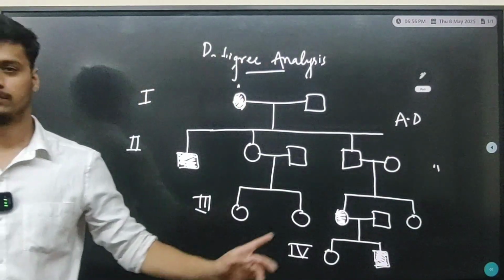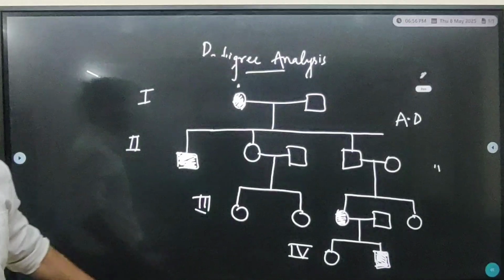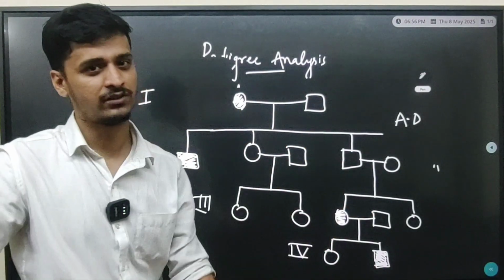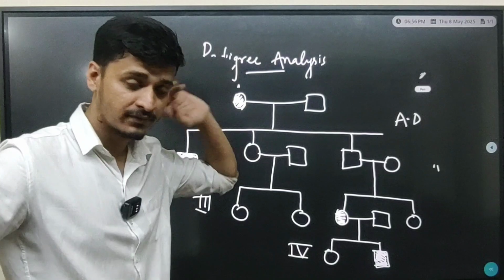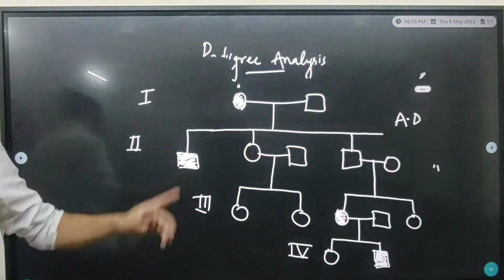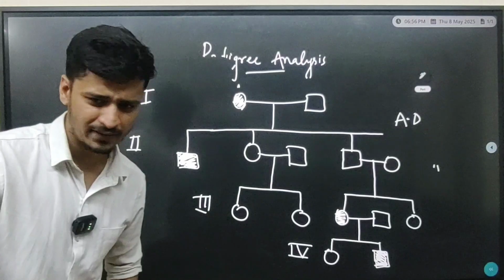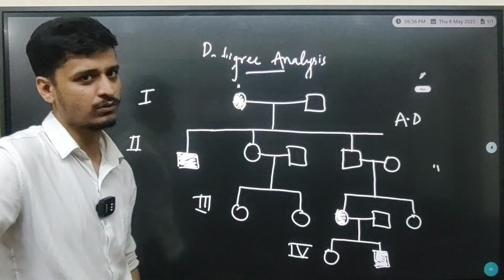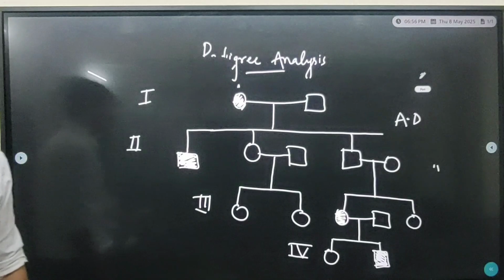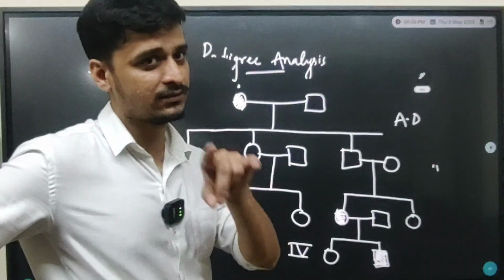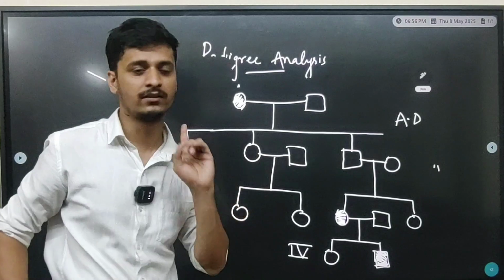If the disease skips any one generation, the pedigree will be autosomal recessive. An example of autosomal dominant is myotonic dystrophy or muscular dystrophy. An example of autosomal recessive is sickle cell anemia. We will discuss sickle cell anemia in Mendelian disorders.